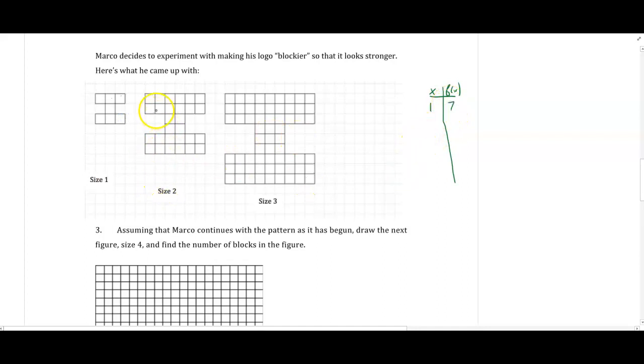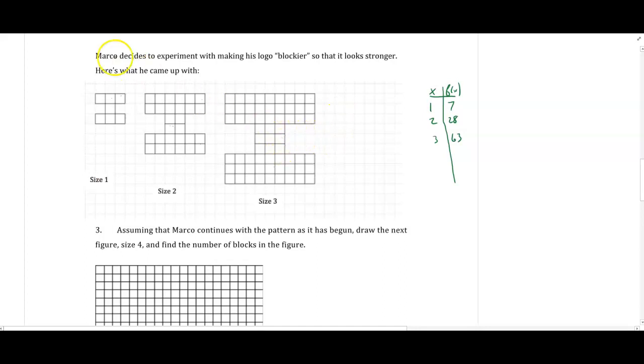Size 2, you have 2, 4, 6, 8, 10, 12, 24, 28. And the next one, you have 1, 2, 3, then 1, 2, 3, 4, 5, 6, 7, 8, 9. So that's 27, 54, and then 9 would be 63.